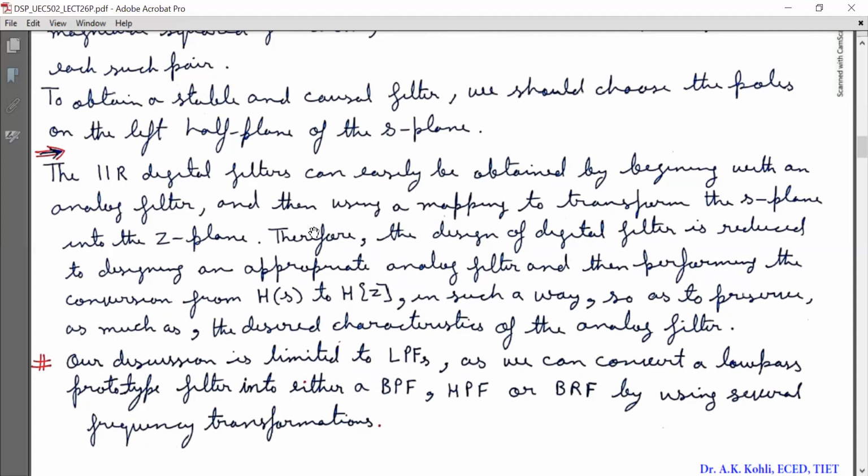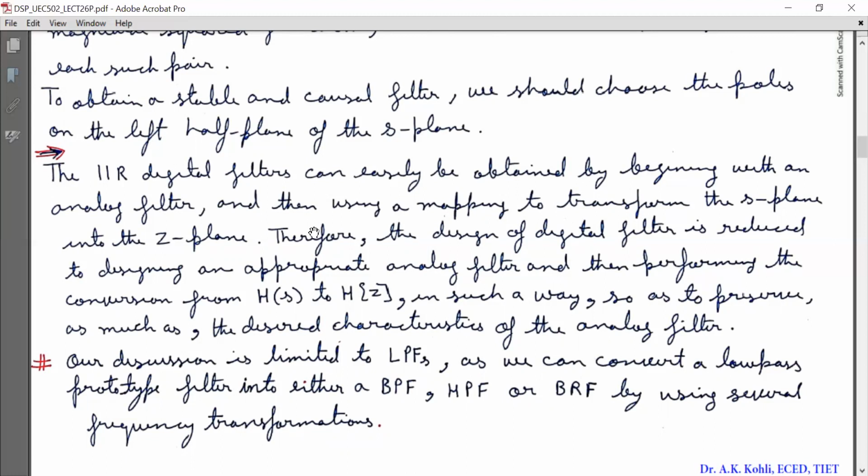So if I want to design an IIR digital filter, I first need to design an appropriate analog filter, and then transform its system function H(s) to H(z) by an appropriate mapping from the S plane to the Z plane.